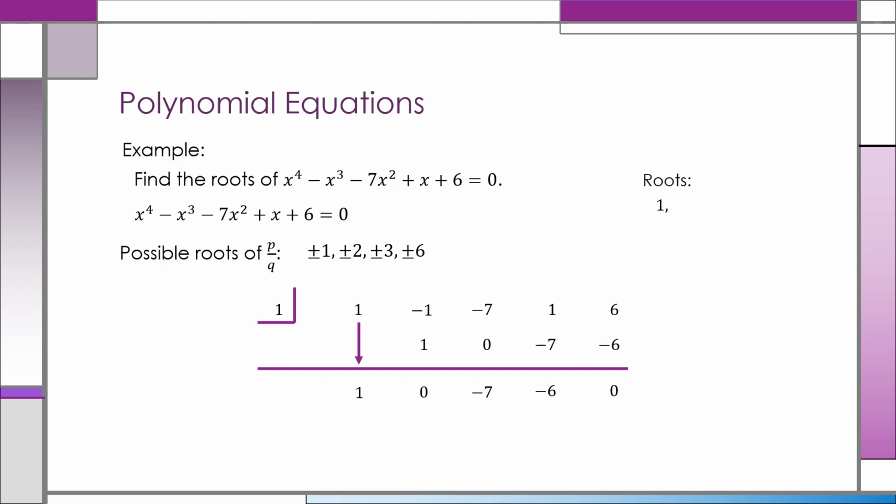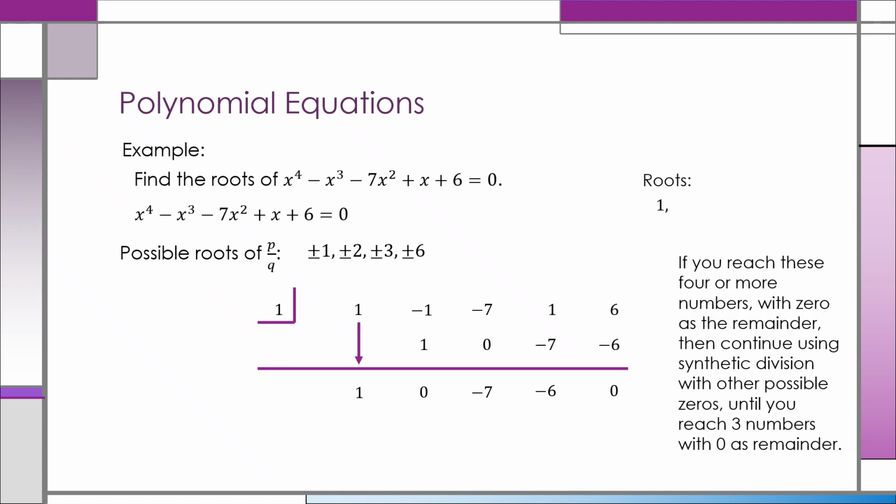But since we have 4 remaining numbers on the bottom row, then what will you do? If you reach 4 or more numbers with 0 as the remainder, then continue using synthetic division with other possible zeros until you reach 3 numbers with 0 as the remainder. So with this, let's have our next step.